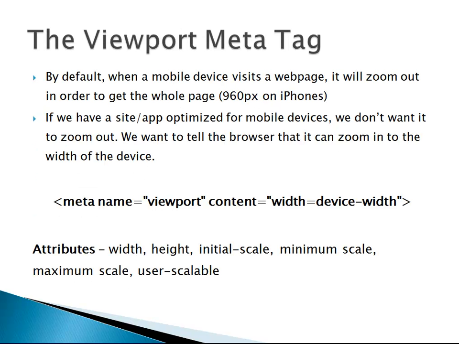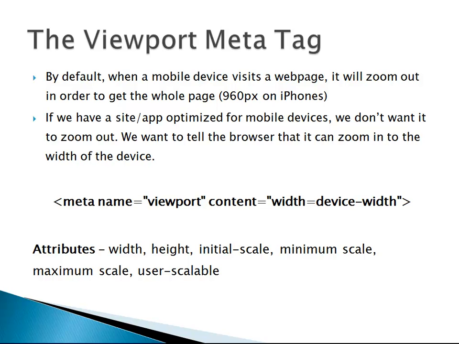So the viewport meta tag is something that's used in mobile web development, particularly responsive designs. By default, when a mobile device visits a web page, it'll zoom out so that you can see the entire website, which can be good, but it's also usually very small.